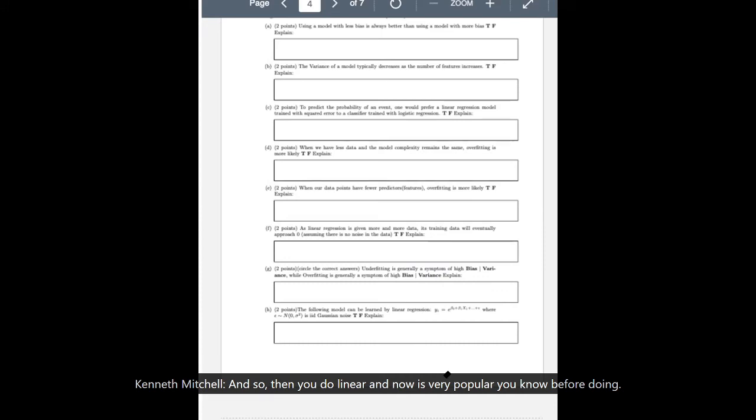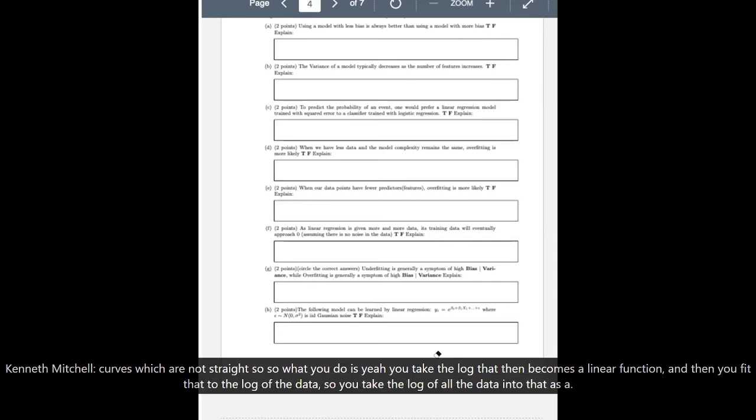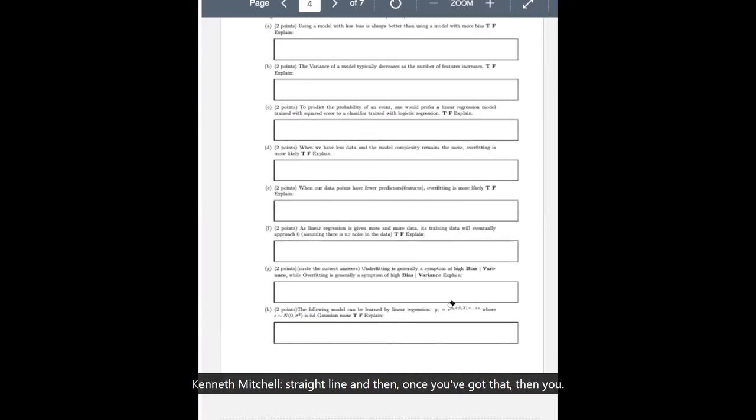That was very popular before having to do more complicated models, because generally in business, when you have exponential curves or curves which are not straight, you take the log of that, and then it becomes a linear function, and you fit that to the log of the data.